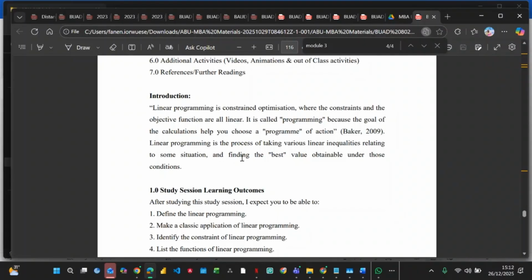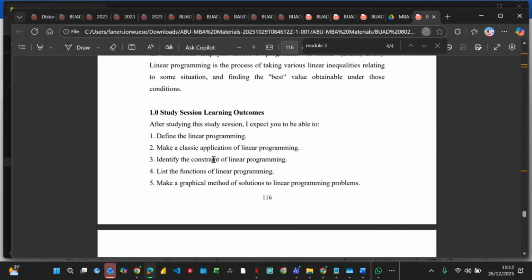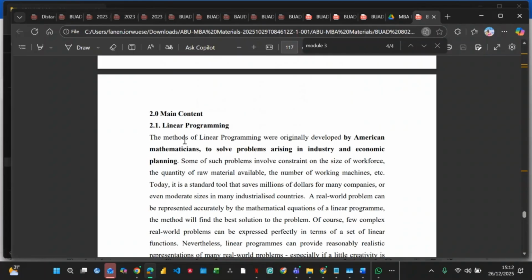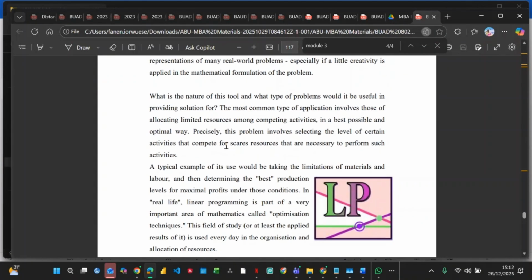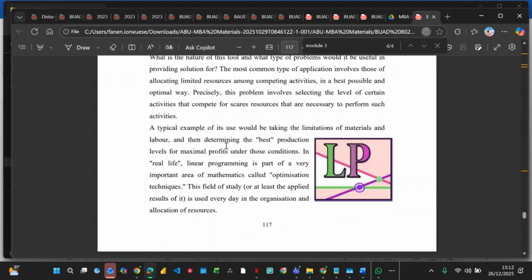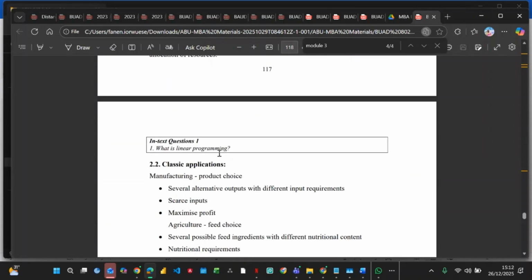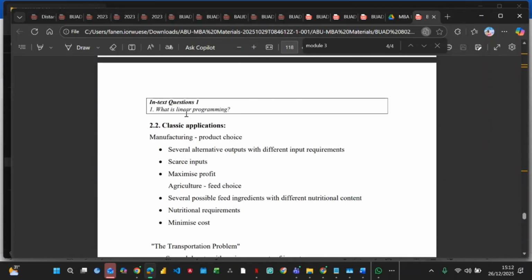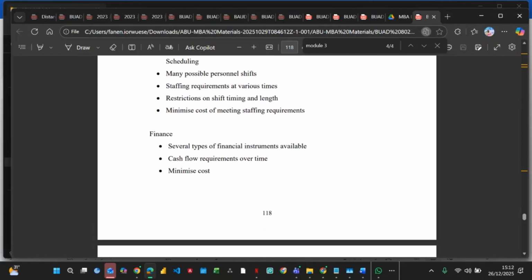A linear programming is a process of taking various linear inequalities relating to some situation and finding the best value obtainable under those conditions. So we have the definition here, all these things. You can go through the material on your end and understand the simple questions here.